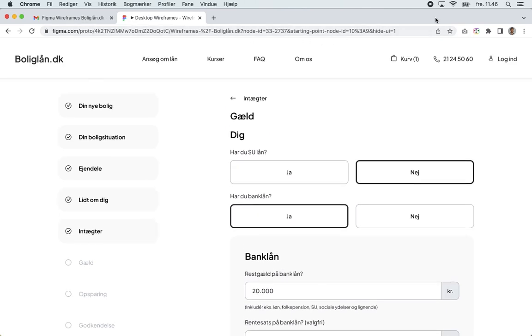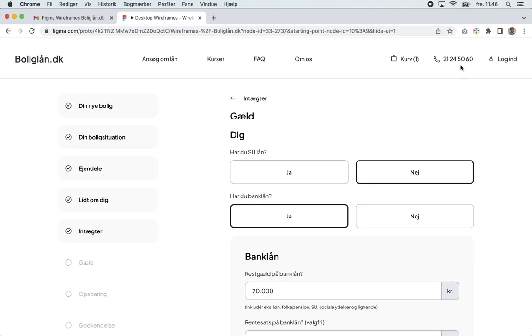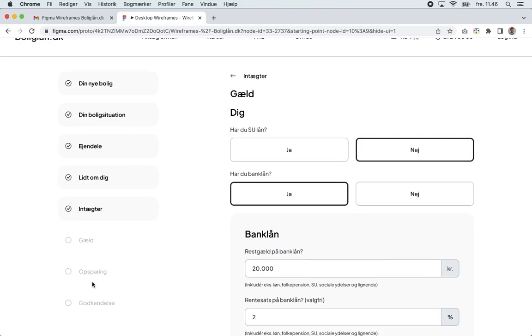You can finish your application by having a call with a representative. But I think, and that's a personal preference, when I'm sitting and filling out and I don't know what they mean about this part, then it's easier for me to just have a chat and ask, is this what you mean? Yes, okay, and then I continue instead of calling and waiting in line.